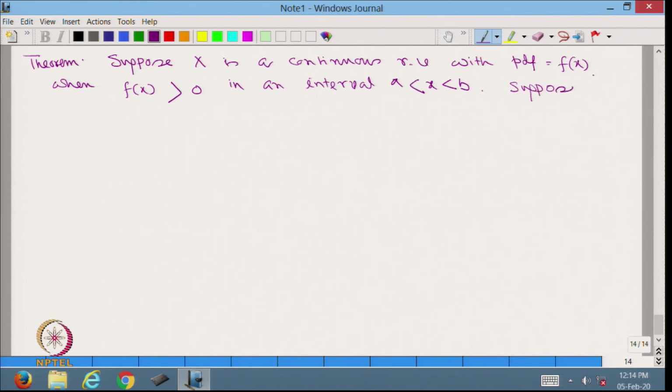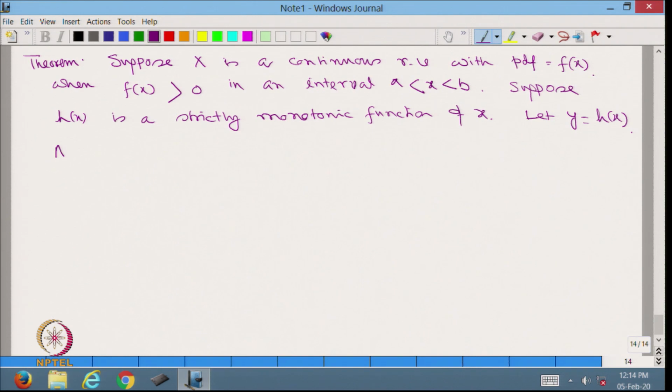Suppose h(x) is a strictly monotonic function of x. Let Y be equal to h(X). Assume that h is differentiable in the interval a less than x less than b.